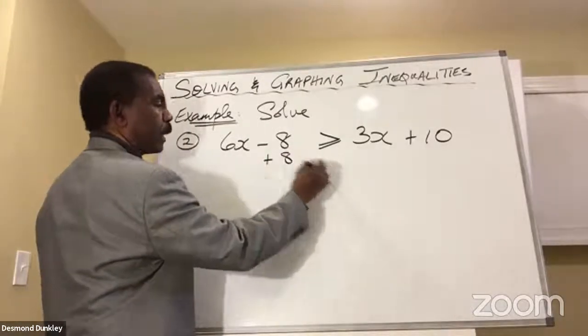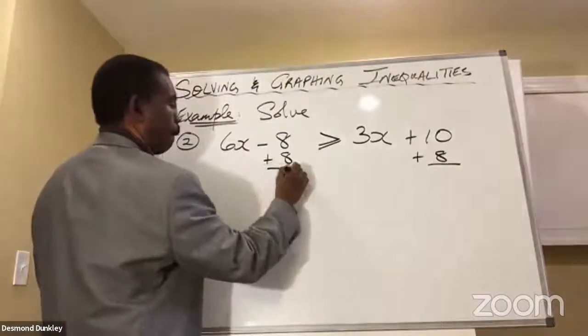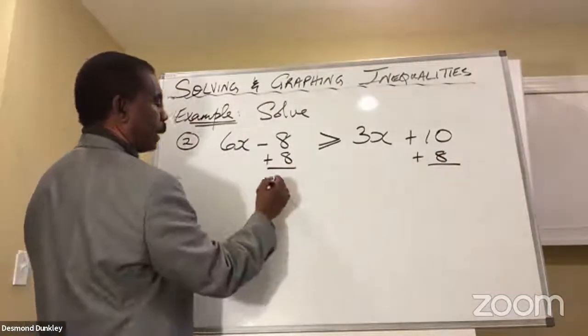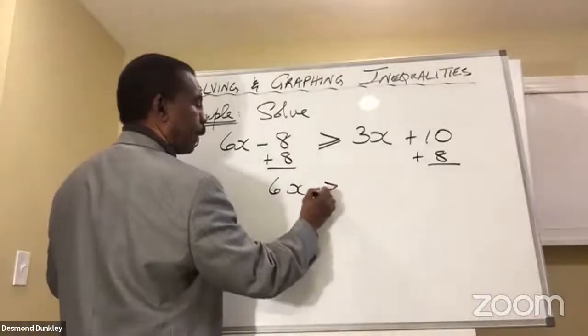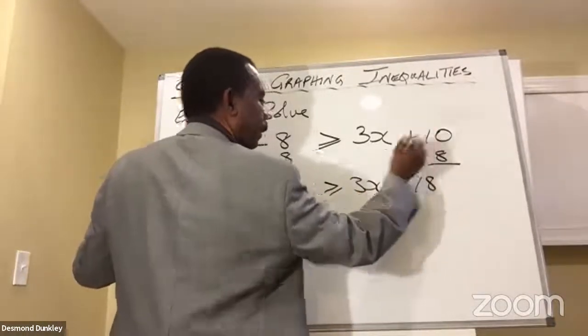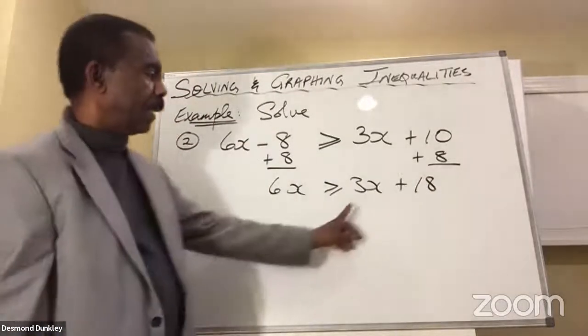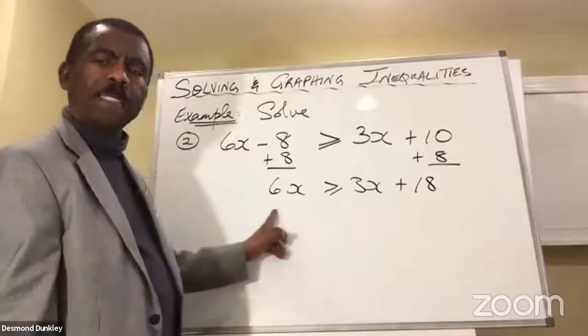Add 8 to both sides. So now we end up with 6x is greater than or equal to 3x plus 18. Now we need to get these 3x's over to this side.